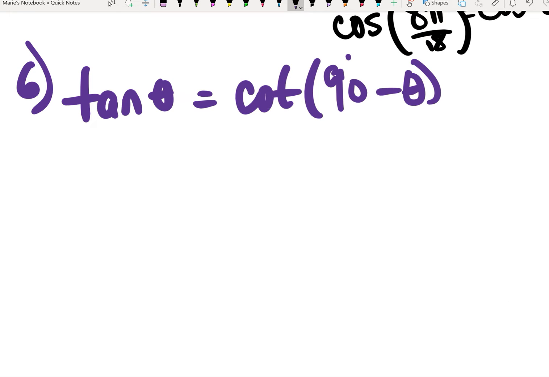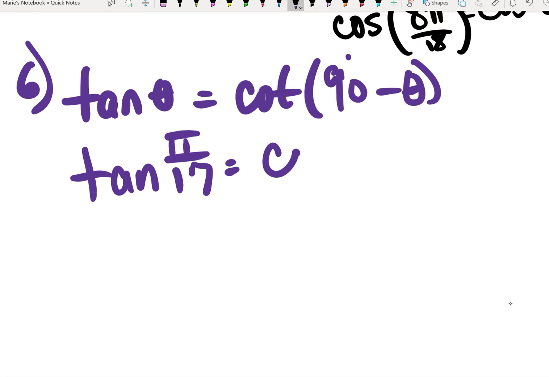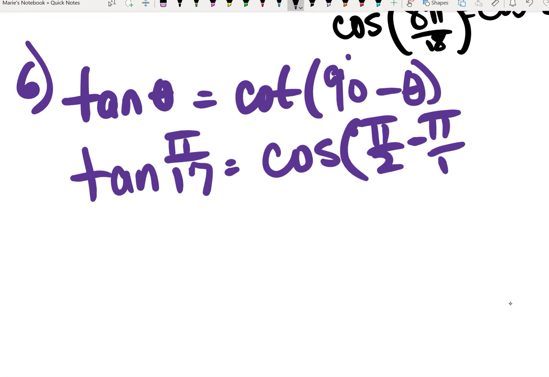Since they're asking about pi over 17, this would be in radians, so tan of pi over 17 is equal to cotan of pi over 2 minus pi over 17, and so we need to convert this to a common denominator. 17 is a prime number, so you'll end up multiplying these to get a denominator of 34.